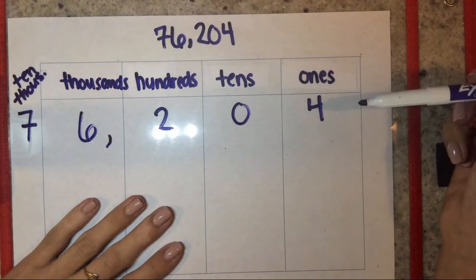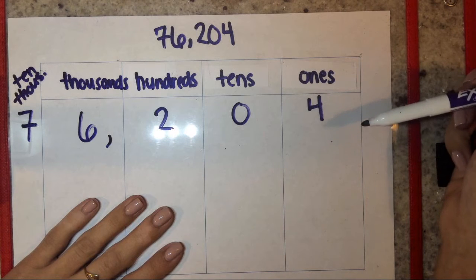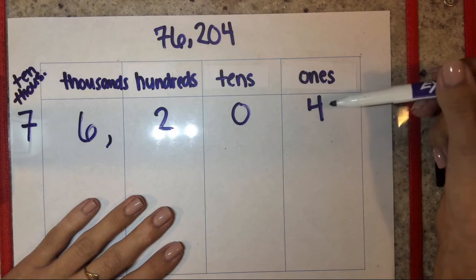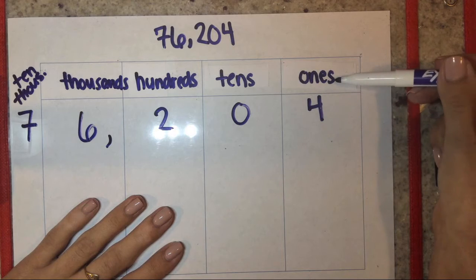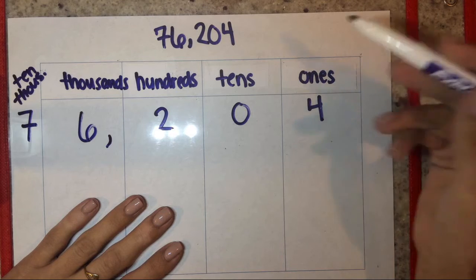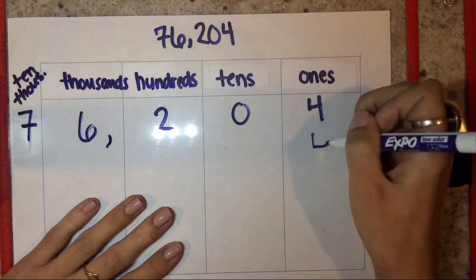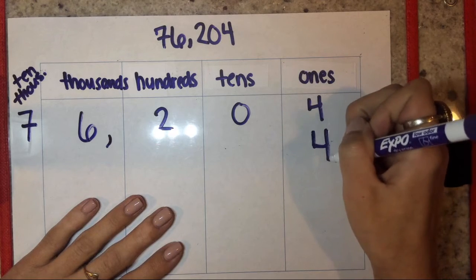I say, what value does the 4 have in the ones place? When we tap our brains, we know 4 times 1 is 4, so we put a 4 there.